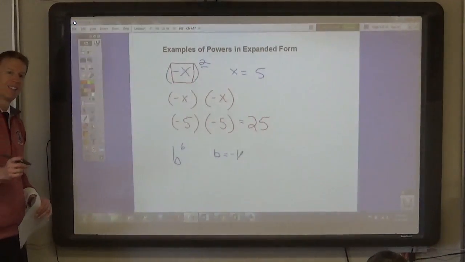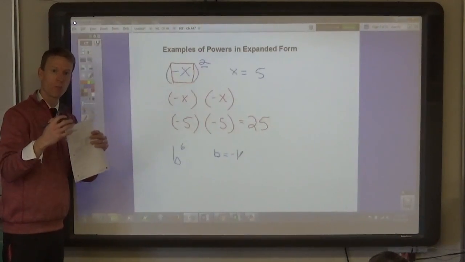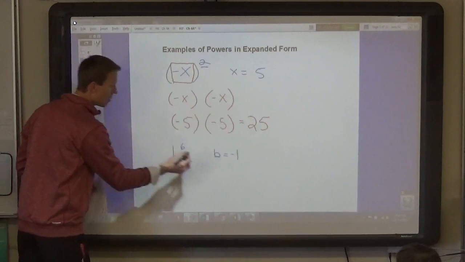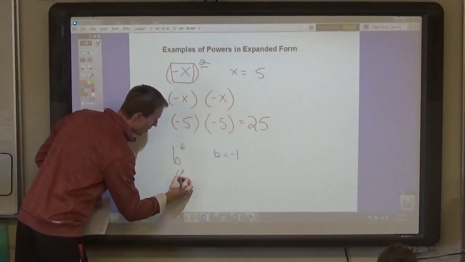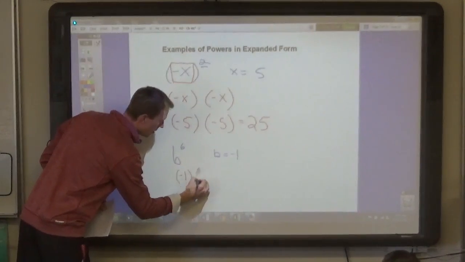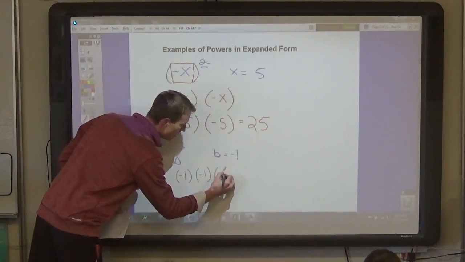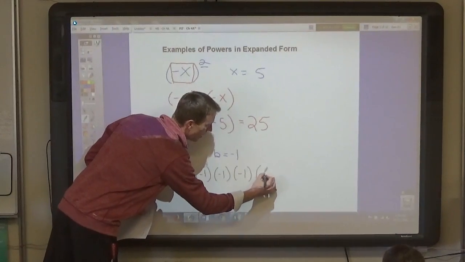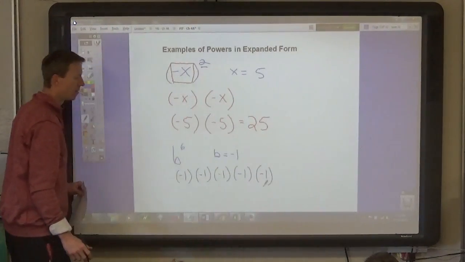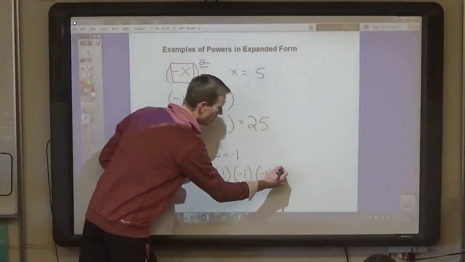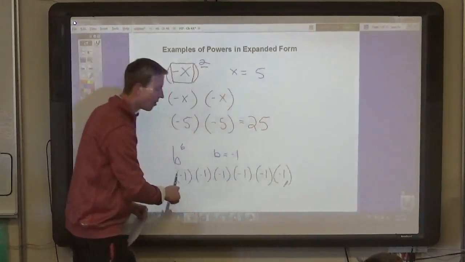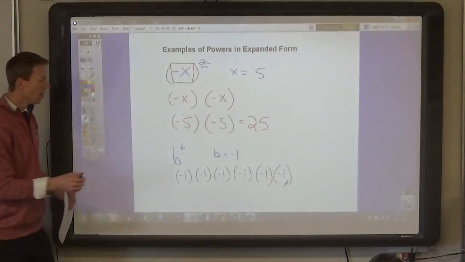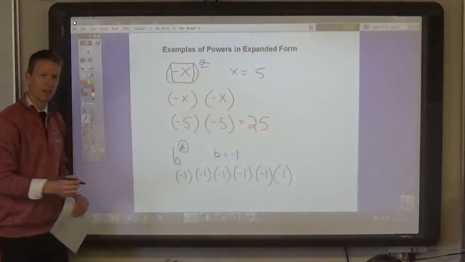Now, when you substitute, you always put parentheses around it, like this. This would be like negative 1 times negative 1 times negative 1 times negative 1 times negative 1 times negative 1. Now, you don't have to write this. I'm just showing this to you in expanded form. Notice that there's an even number power.